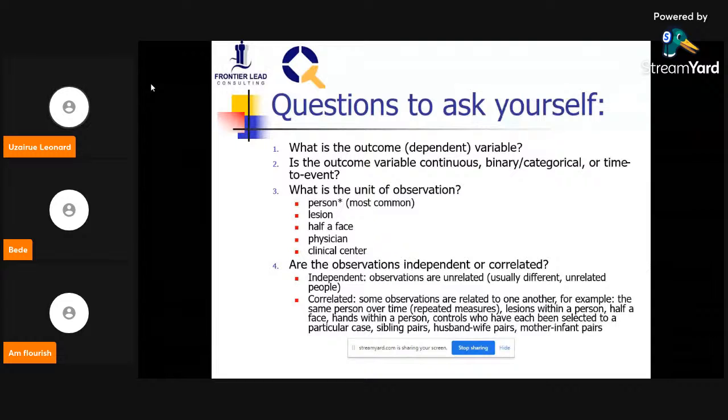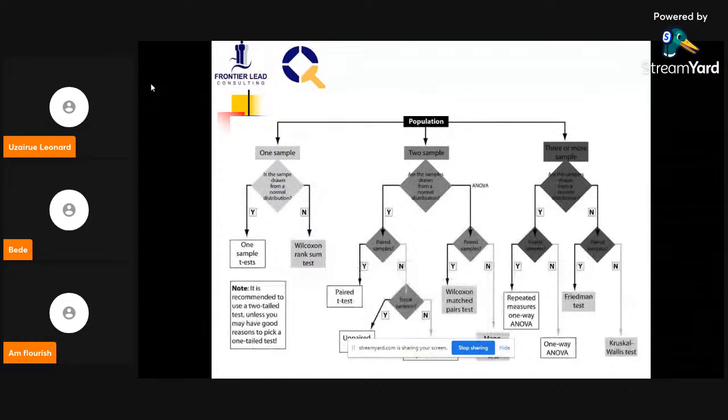So the next thing is, like I said yesterday, when you have the population, the next question you will ask yourself is whether it is a one sample population, a two sample population, or a three or more sample population. What are we saying in essence?